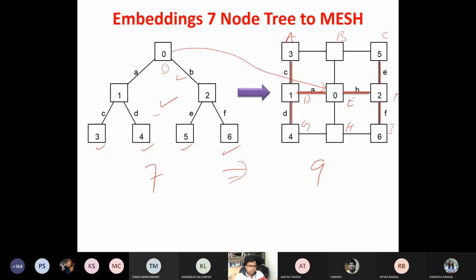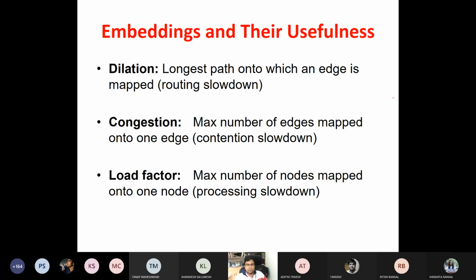In that case all these parameters are 1, which means it is a very good embedding, with no slowdown. Dilation is the longest path onto which an edge is mapped. Congestion is the maximum number of edges mapped to one edge, and load factor is the maximum number of nodes mapped to one node. That is processing slowdown. So these three parameters define routing slowdown, contention slowdown, and processing slowdown.